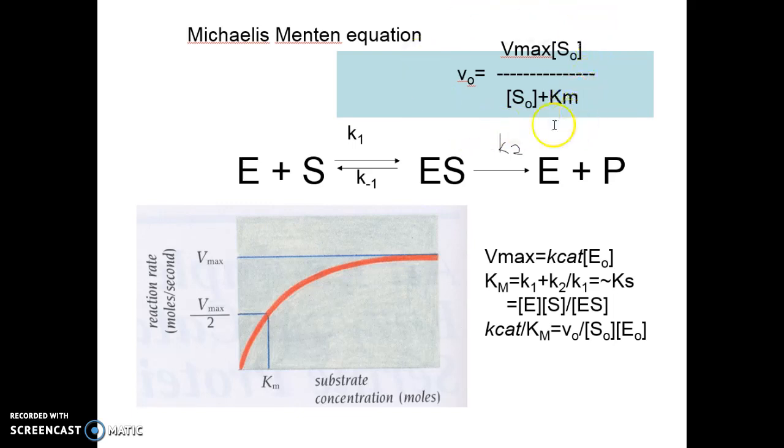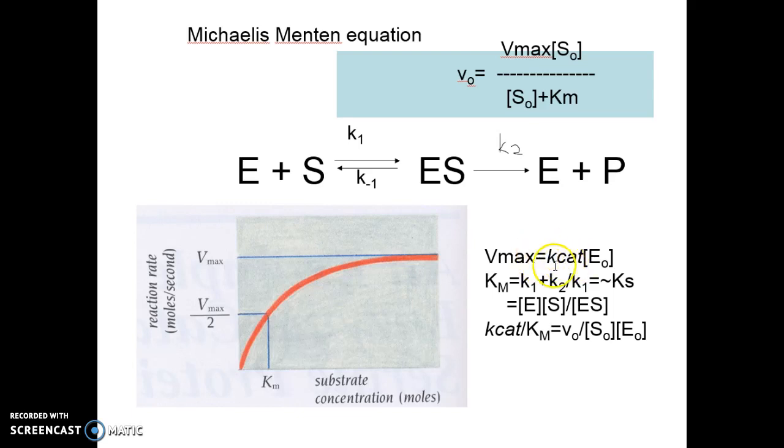This Michaelis-Menten equation has two parameters, Vmax and Km. Vmax is kcat times the total enzyme concentration, where kcat is called the turnover number.